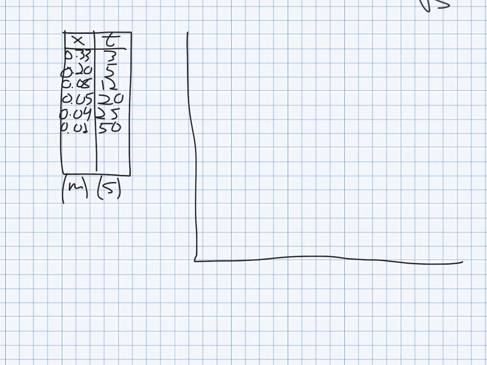Now, this one can be tricky to graph, especially these data. I'll go ahead and do the time axis first, the time in seconds. I'm going up to 50. And the smallest I get looks like a 3. By 5s would probably make sense. Let's see if I have enough room for that. 4, 5, 6, 7, 8, 9.